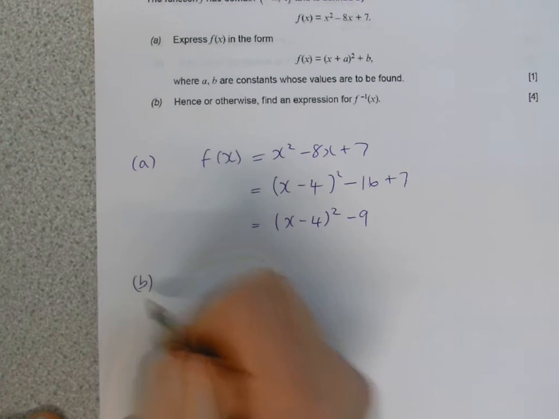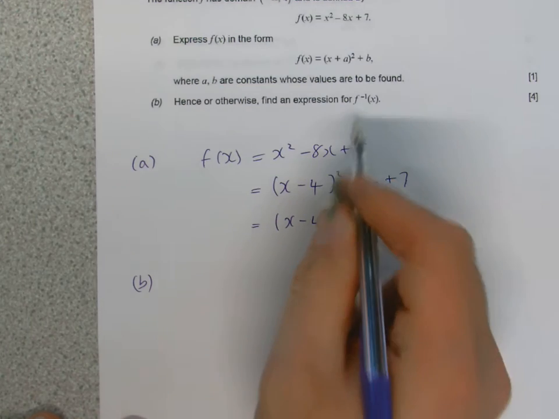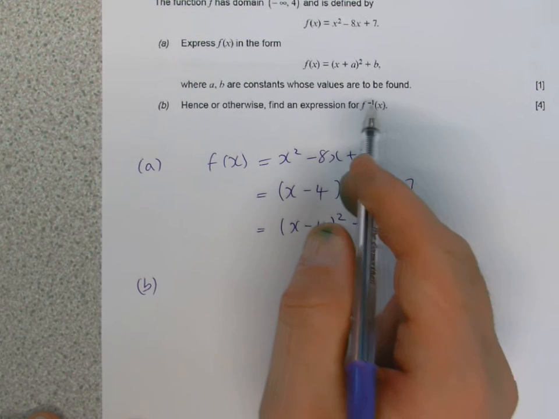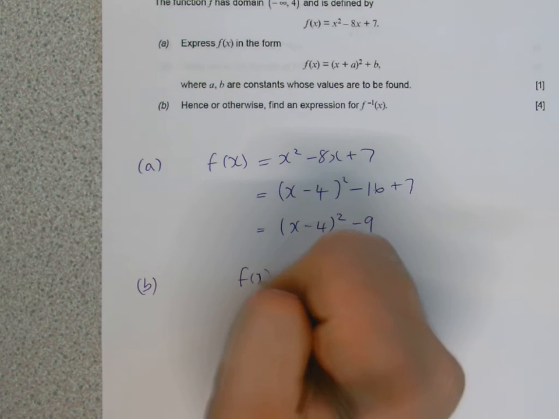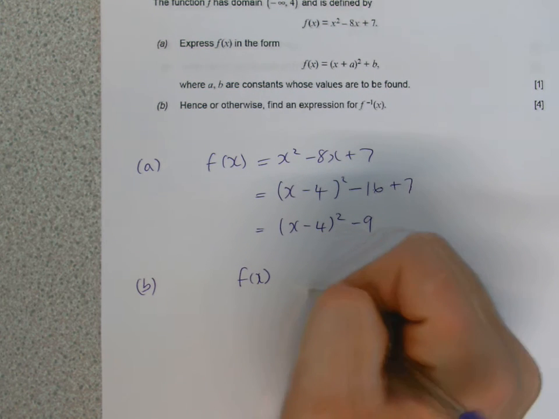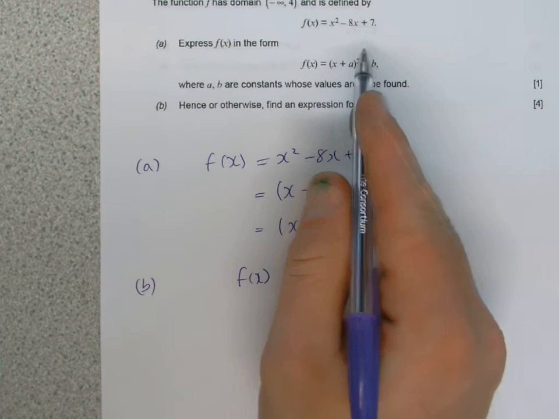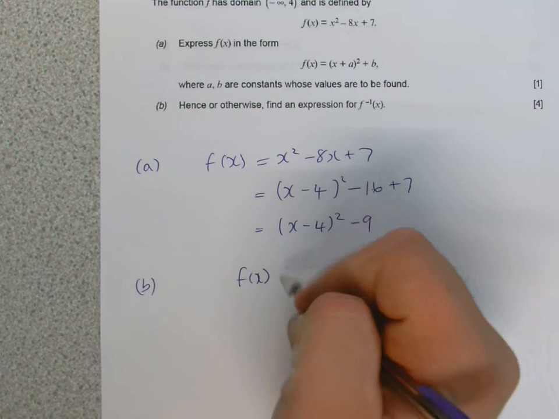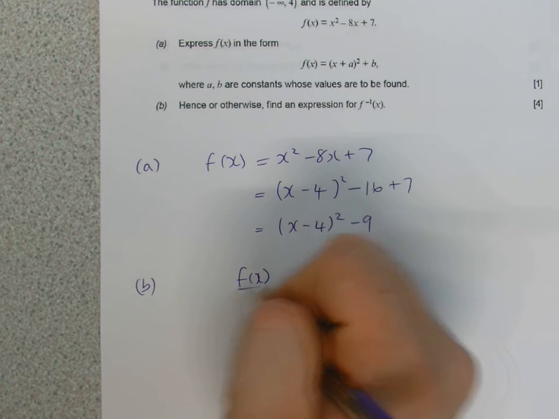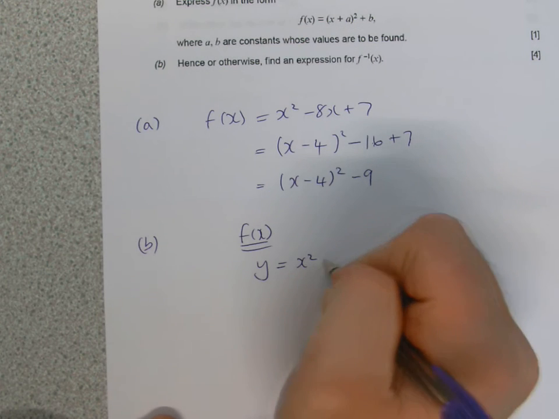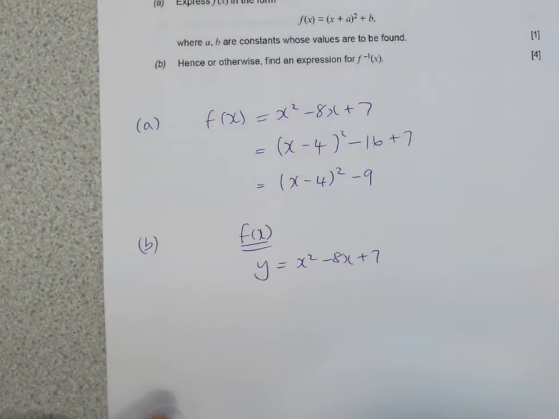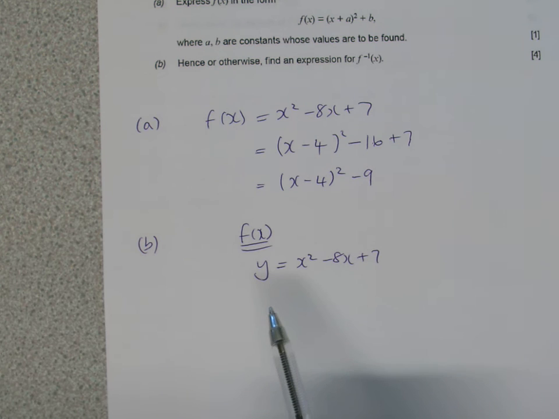Then in part B it says, hence or otherwise find an expression for the inverse function of f of x, so f to the minus 1 of x. Now, f of x is equal to x squared minus 8x plus 7. But whenever we do the inverse, instead of writing f of x, we write y equals, because y represents f of x on the y-axis.